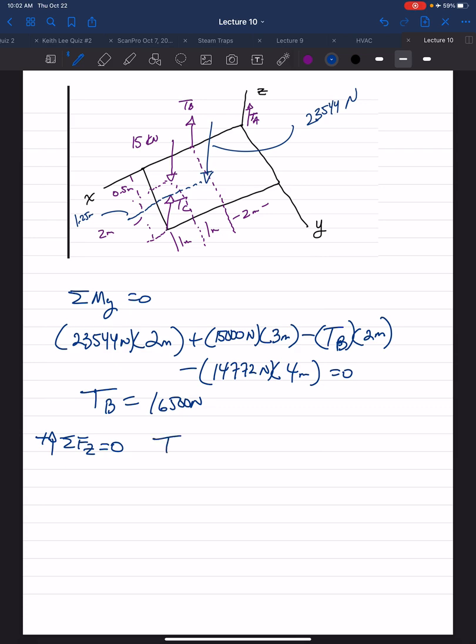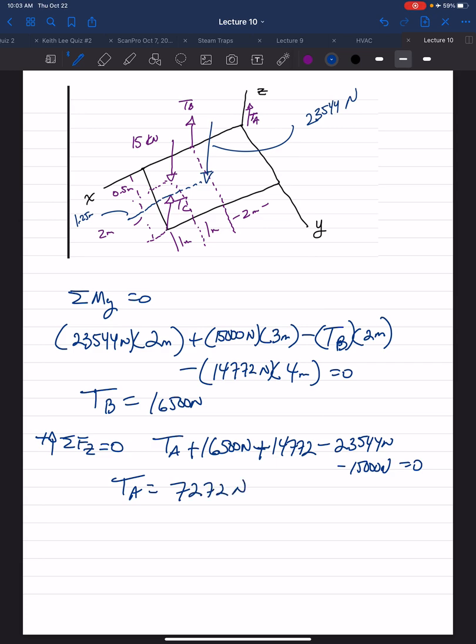You have your TA plus your TB plus your TC, which is 14,772, minus the weight, which we said is 23,544, and minus your 15,000 newtons. Solve for TA, you get 7,272 newtons.